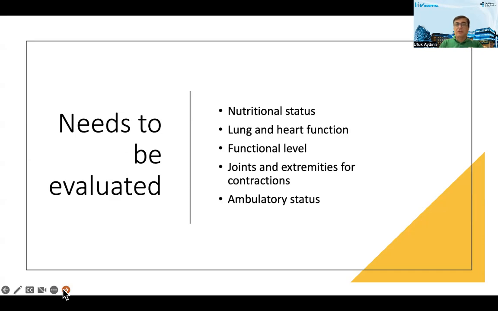As I said before, we have to check the nutritional status, lung and heart function, functional level, joints and extremities for contractures, and the ambulatory status of the patients. These are the main factors for the surgical technique and possible postoperative complications.